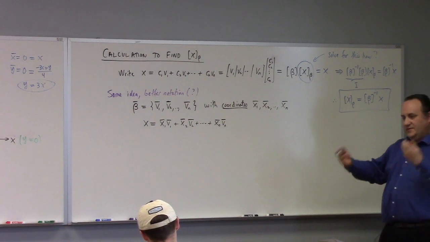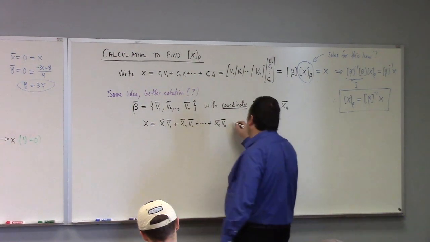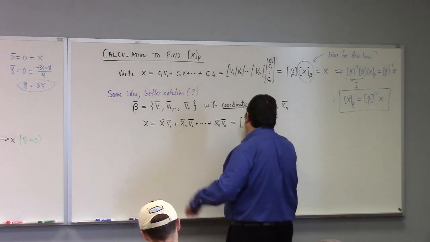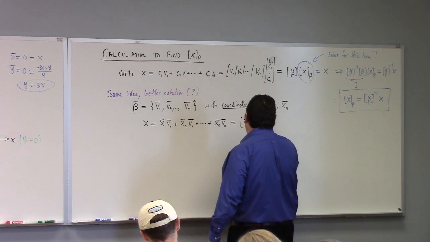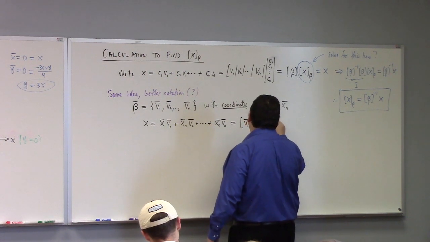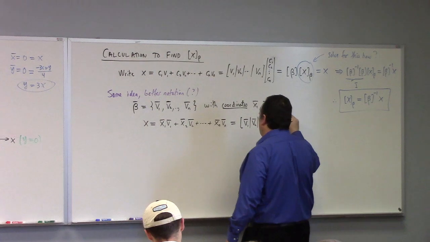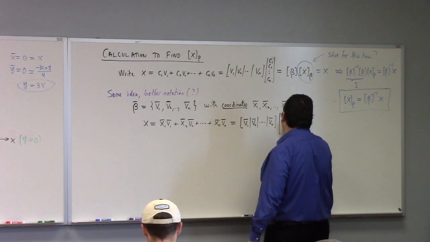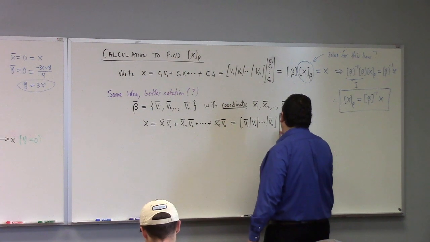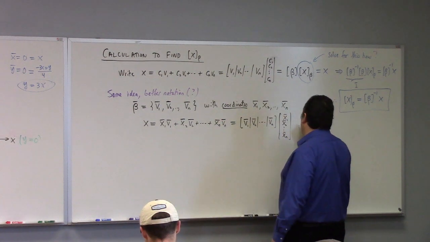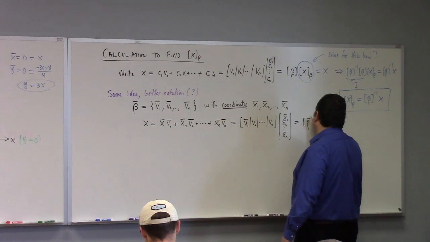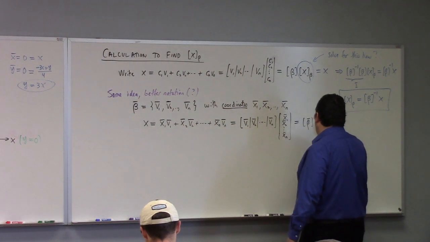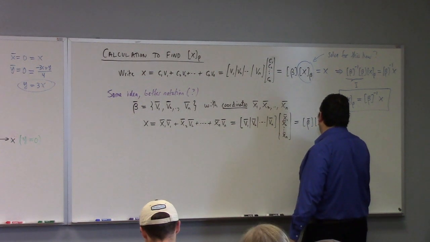Which, to loop us back through the same calculation again, can be rewritten as the matrix v1 bar, v2 bar, vn bar times the vector x1 bar, x2 bar, xn bar, which is the beta bar matrix times the x beta bar coordinates.